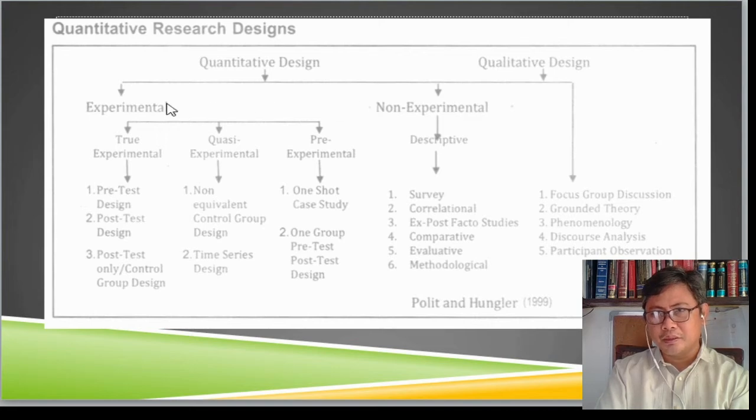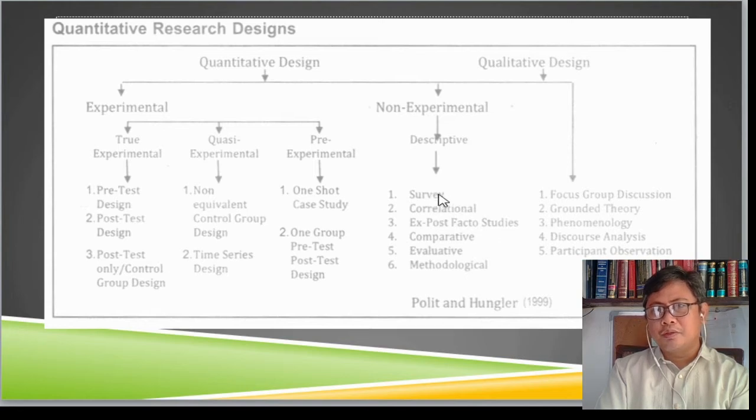In the experimental type, we have different kinds of experimental research. We have the true experimental, quasi-experimental, and the pre-experimental, which we will be discussing later on in our slides. The non-experimental research does not include the intervention of certain independent or dependent variables.